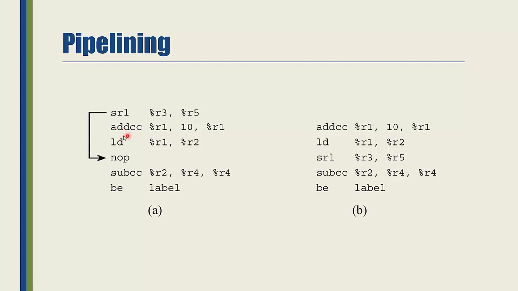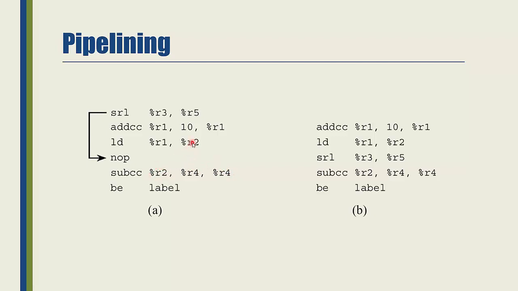However, this load instruction and subcc instruction depend on each other because load is using register 2, and subcc is also using register 2. Subcc is actually overriding the content of register 2 with a value from register 4.